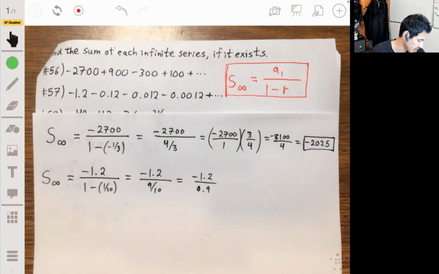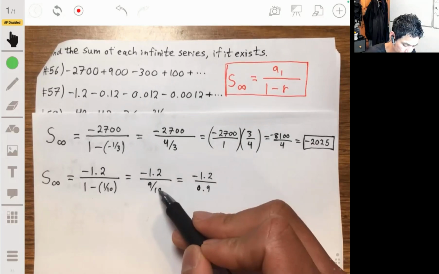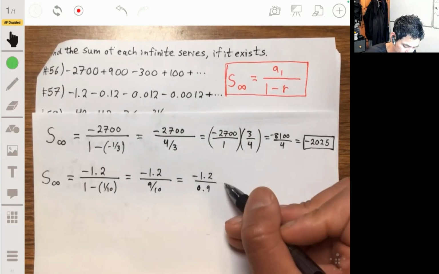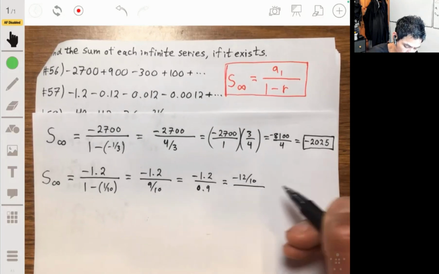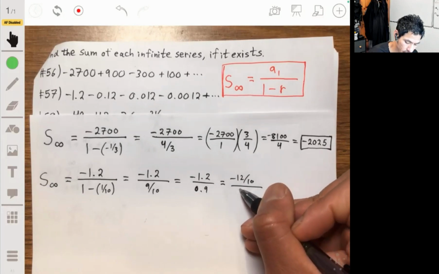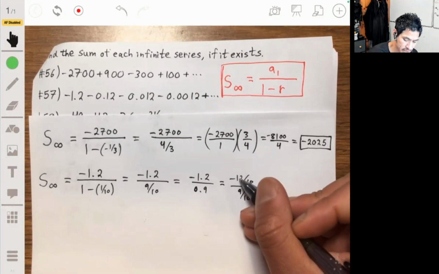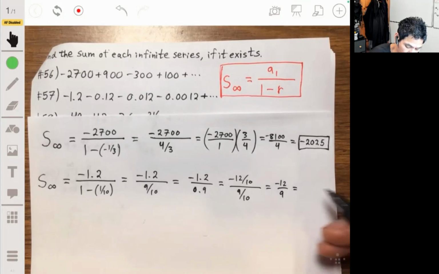Doing the math, we're going to get a repeating fraction. To avoid this, let's just change these into fractions. We can change this into negative 12 over 10, and this can be 9 over 10. And so you get negative 12 over 9, or negative 4/3.